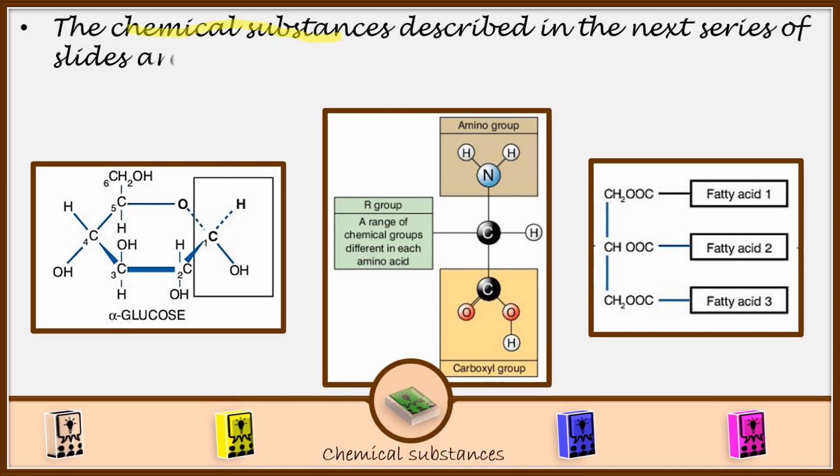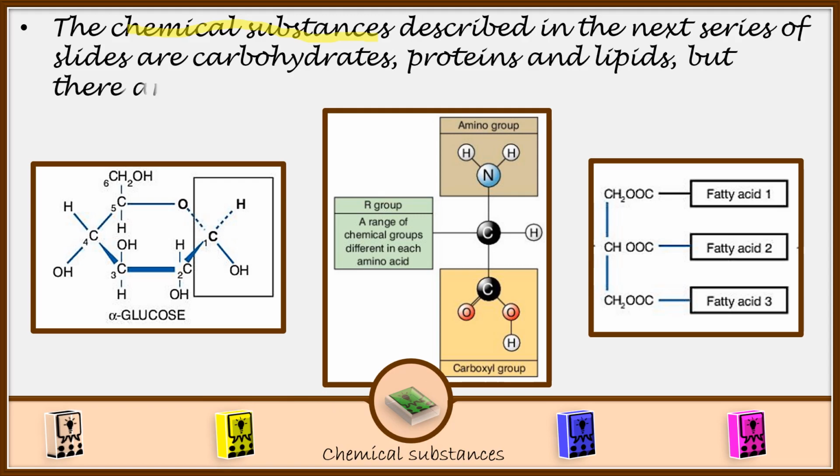The chemical substances described in the next series of slides are carbohydrates, proteins, and lipids, but there are hundreds of others.